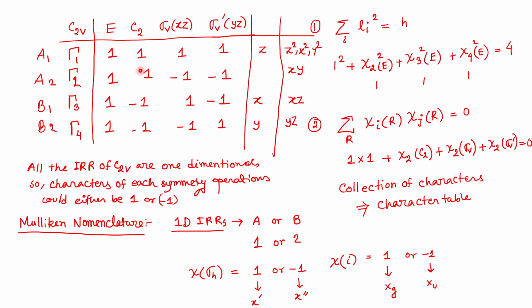And you don't need any other identifiers or symmetry elements, so we stopped at A1, A2, B1, B2 because we can distinguish them now. But suppose you have D6h or some very big point group which has multiple irreducible representations, then you are going to need some other Mulliken nomenclature also.